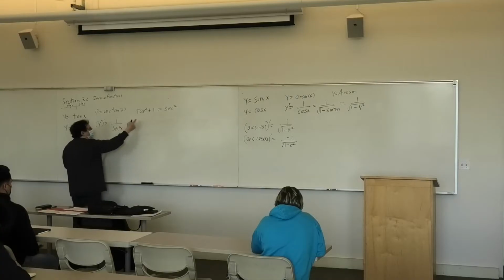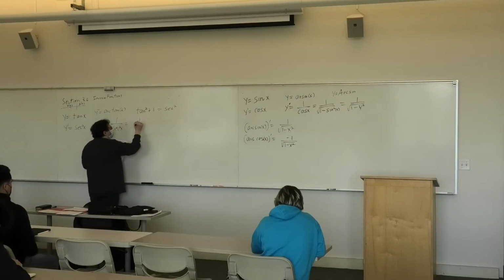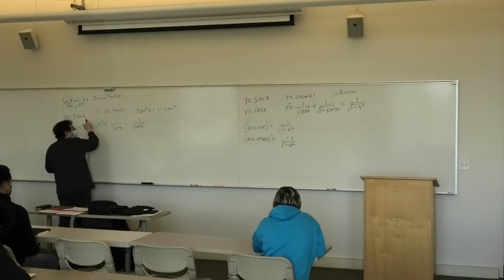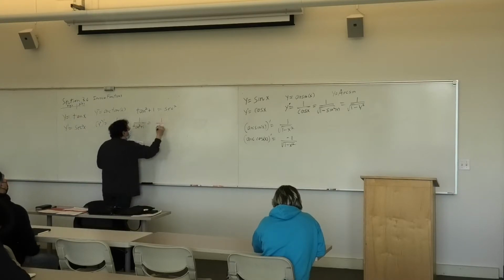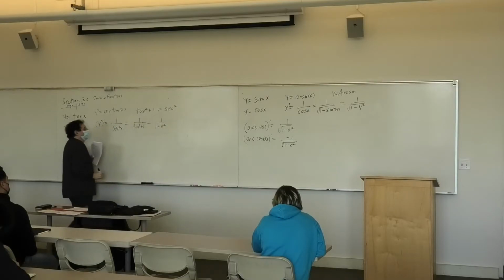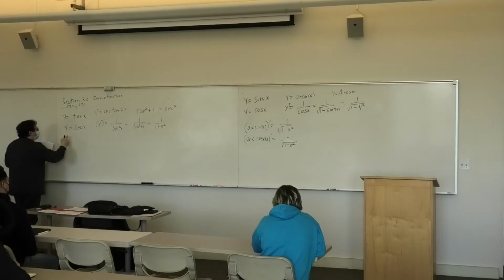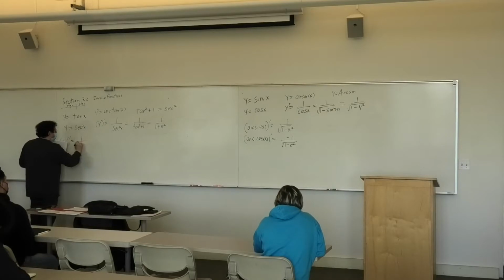But we can see right away that's just going to be 1 over tangent squared. And that means it's 1 over 1 plus y squared. So the derivative of our inverse function of x is just going to be 1 over 1 plus x squared.